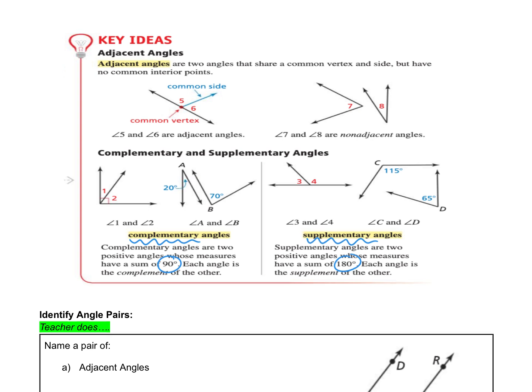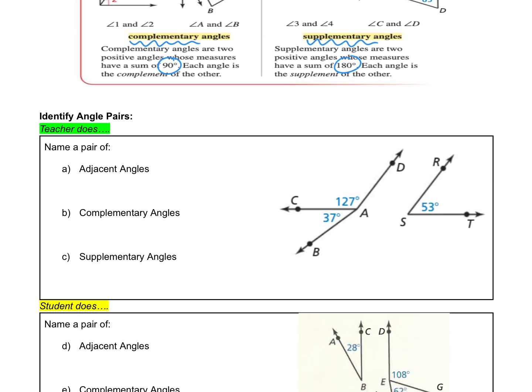Okay, so let's take a look. I'm going to name some and then you're going to name some. Adjacent angles are just next to each other. So that would be this angle here and this angle here. They're next to each other. So if I name that 37, that is angle BAC. And that 127 is angle DAC.